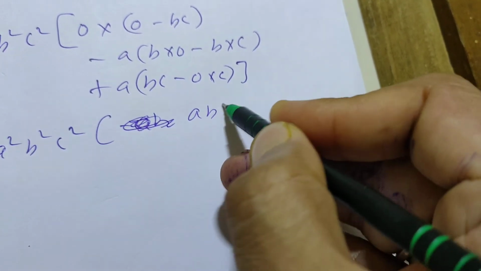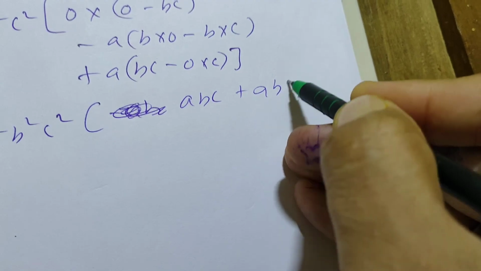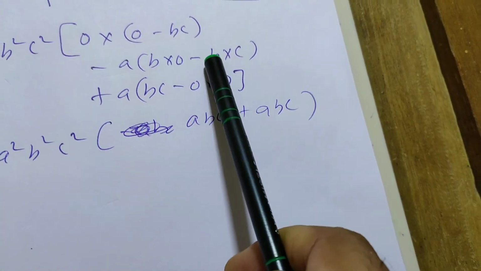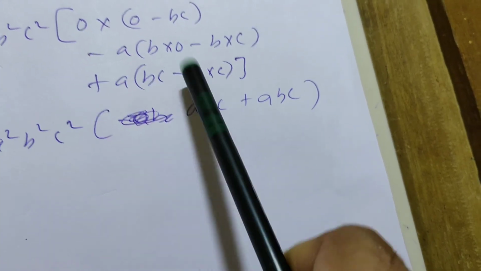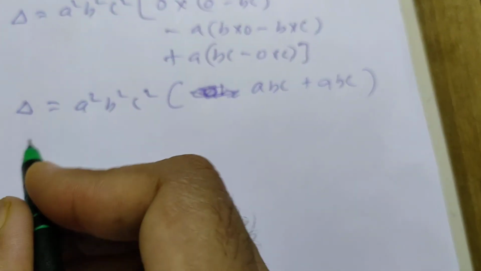So this is abc and this is also plus abc. You can see it here, minus a, this is 0, this is plus, so minus minus plus, so we will get abc and this also plus abc, this is 0. So total will be abc plus abc, that is 2abc.